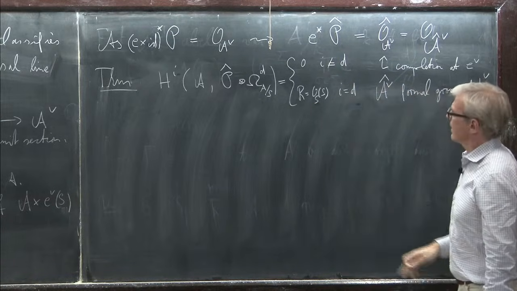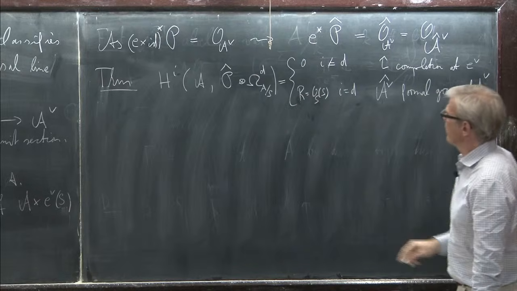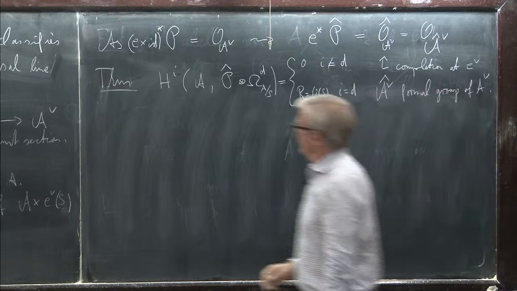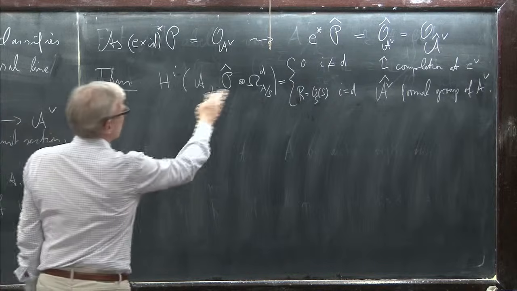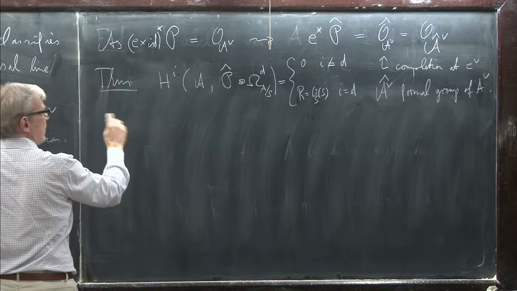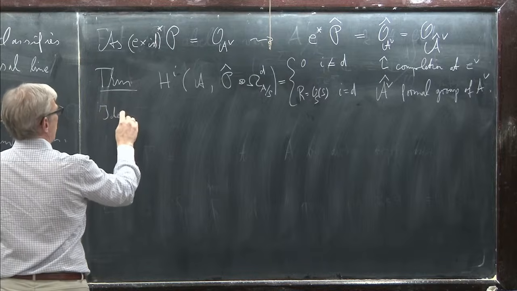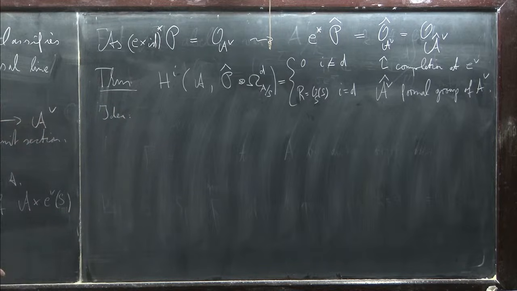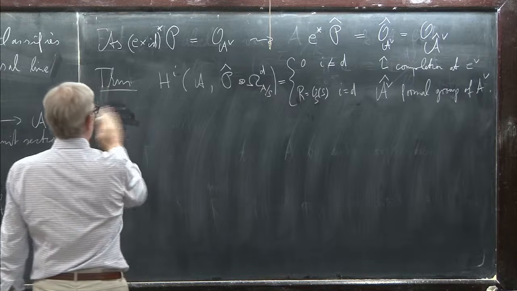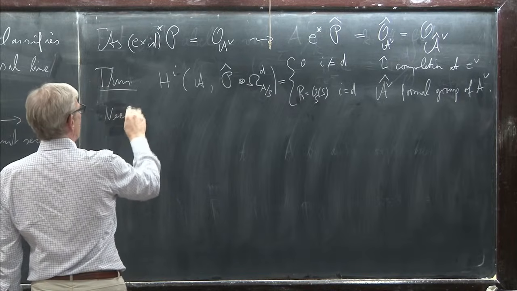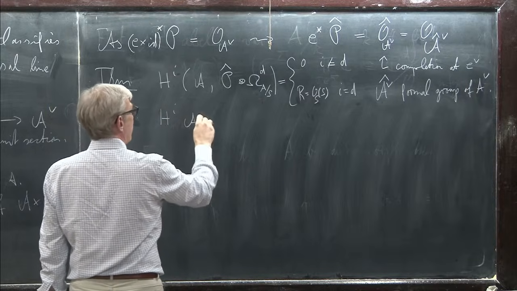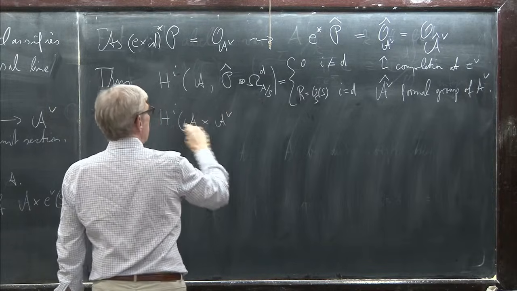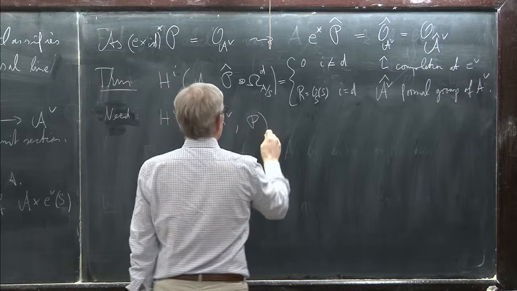So this is the R we started with. So this theorem is not completely trivial to obtain. You need some deeper inputs. First of all, you need the known cohomology of the Poincaré bundle.